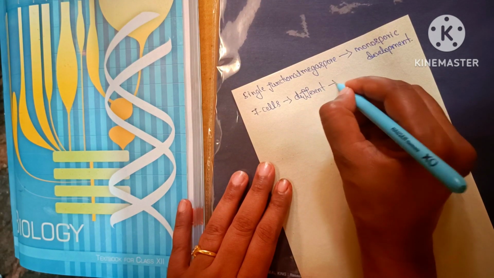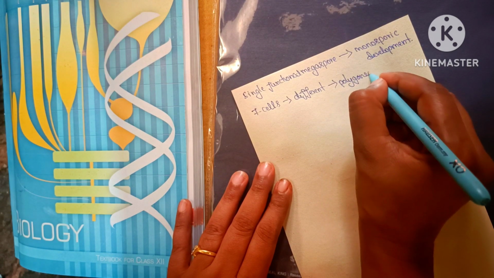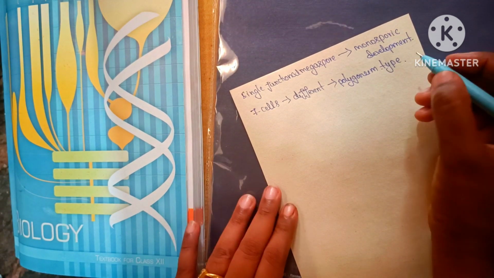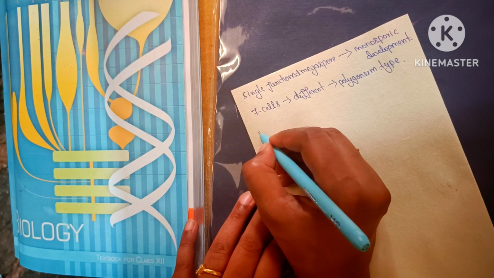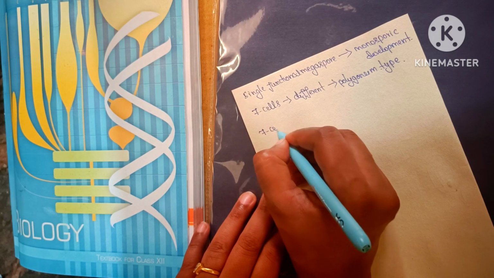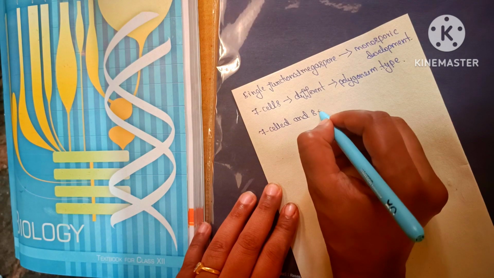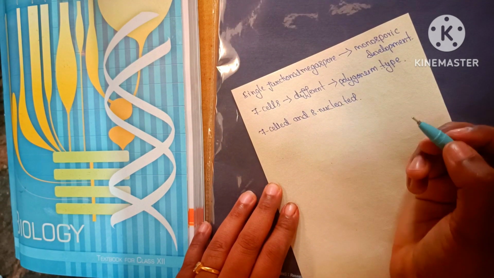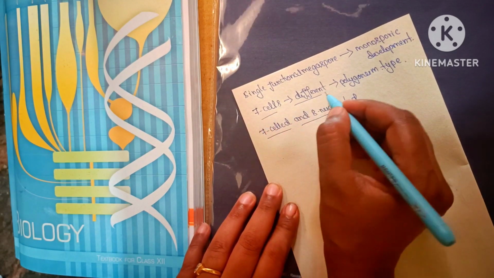So this is called polygonum type, which is made up of different types and number of cells. And generally the embryo sac of angiosperms is called 7-celled and 8-nucleated. These points you need to remember.